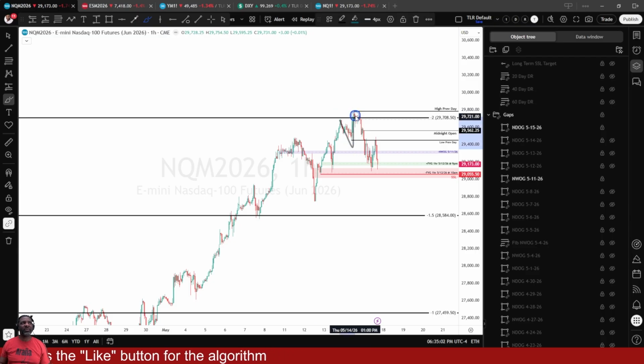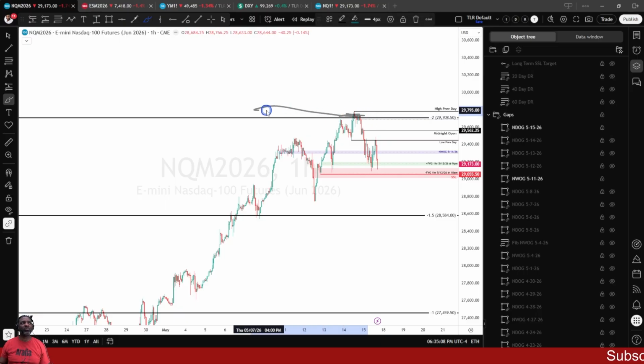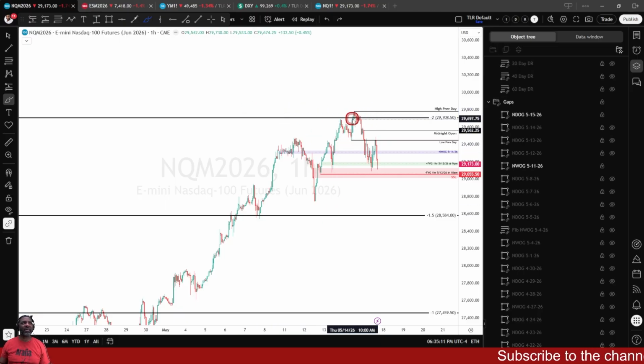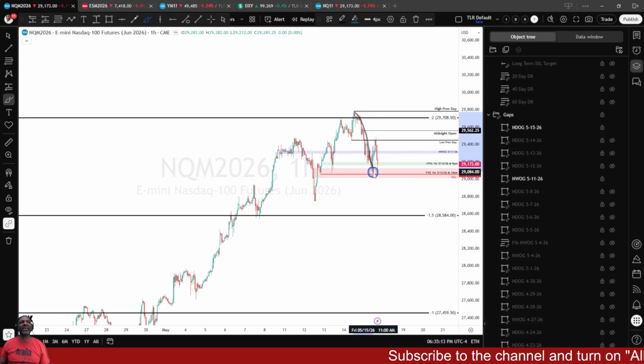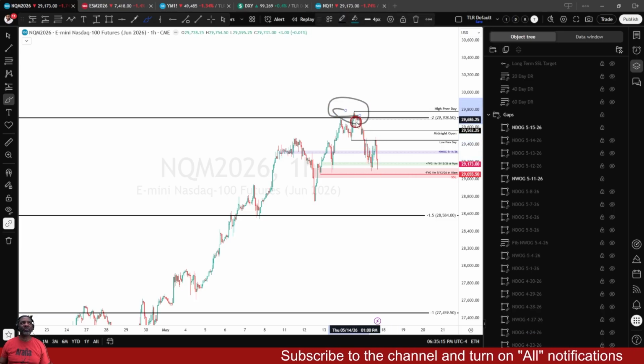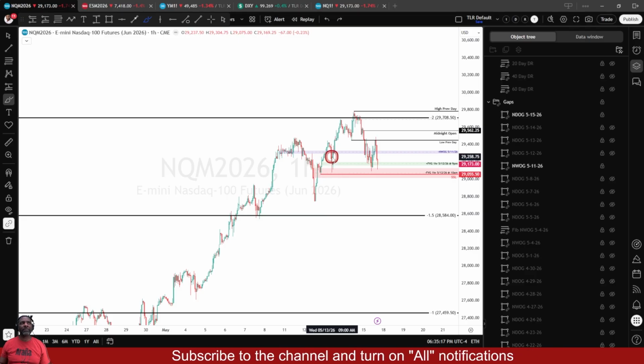And you can tell that there was heavy offsetting of positions above this high. How can you tell that? Because we had a humongous pullback after reaching above that high, right?